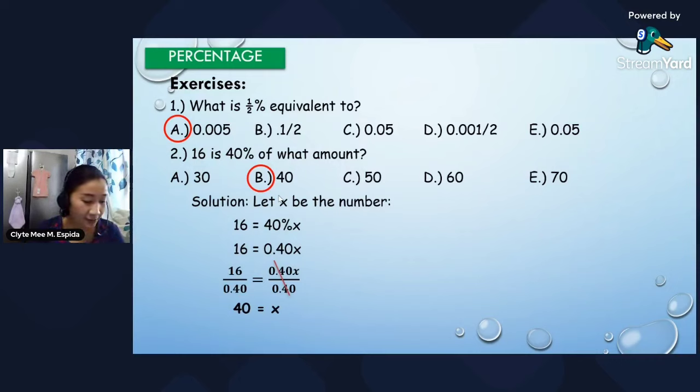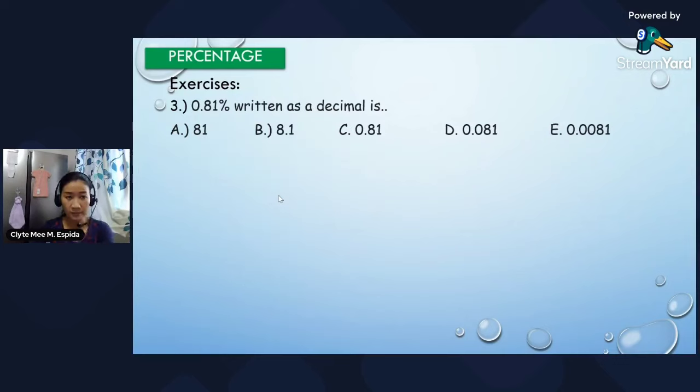Okay, the next, let's have number 3. 0.81% as a decimal is, okay, answer? Okay, answer for number 3. Okay, mas madali sa PRB, ma'am, na solution.